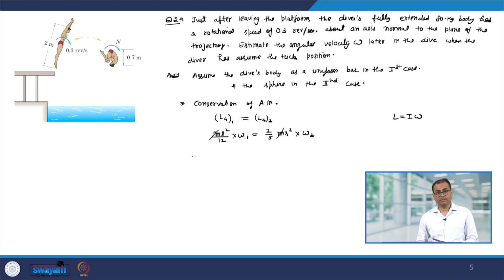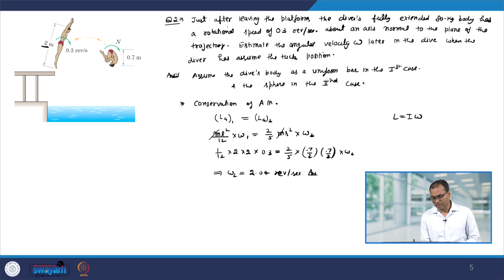M will get cancelled because the mass is the same in both the cases. So, we have 1 by 12 into 2 into 2 and the omega 1 is 0.3 equal to 2 by 5 into r. R is the radius, the diameter is given, it is 0.7. So, therefore, the radius will be 0.7 divided by 2 into omega 2. Okay. And this gives omega 2 equal to 2.04 revolution per second. So, you can see that the omega has increased.